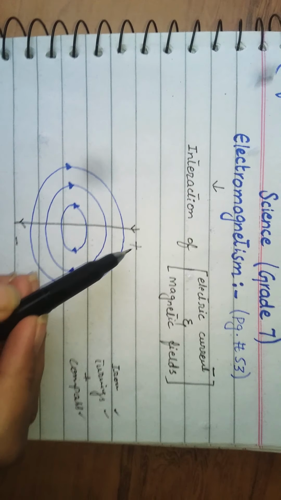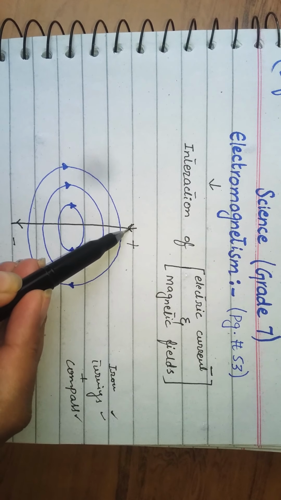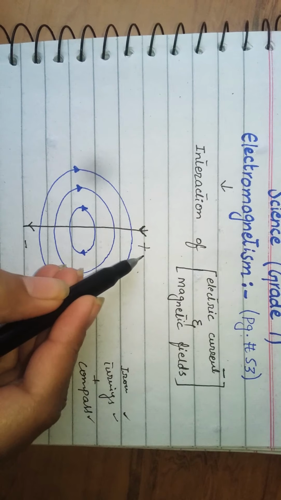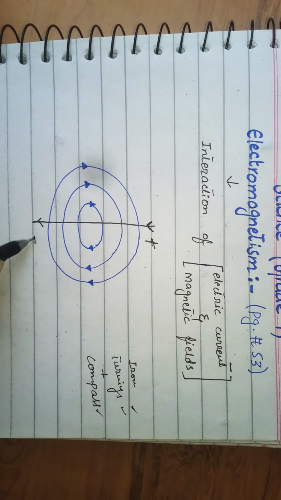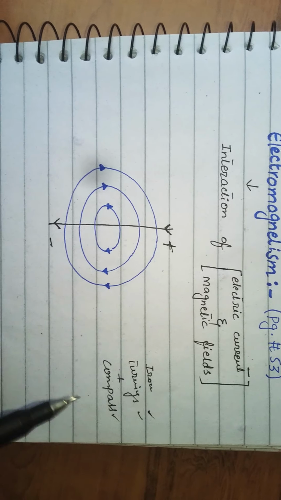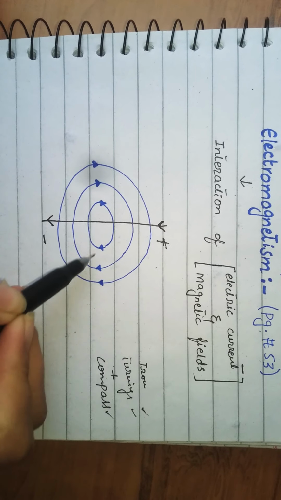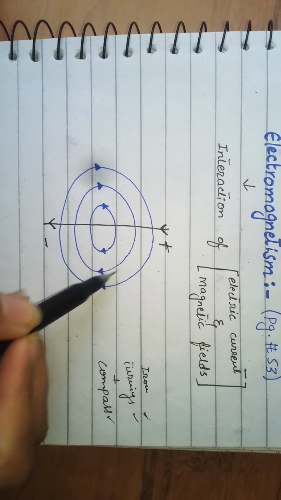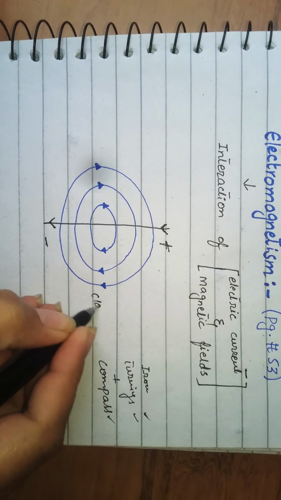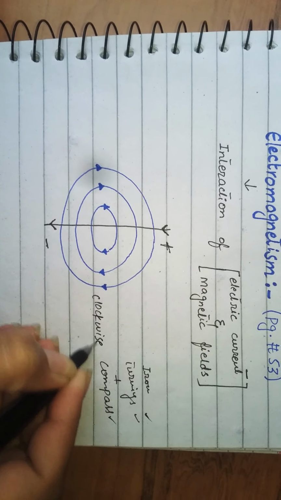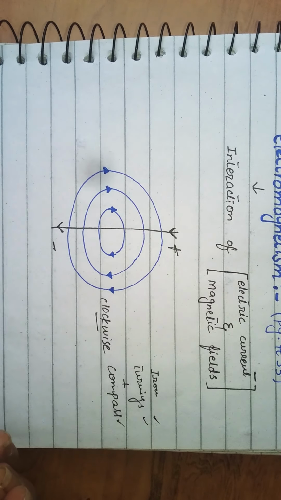As you can see in the electric wire, I am showing with the arrow that the current is flowing from the positive side to the negative side. And as the arrow on these lines shows, the magnetic field is flowing in the clockwise direction.